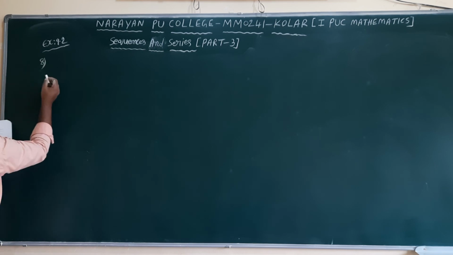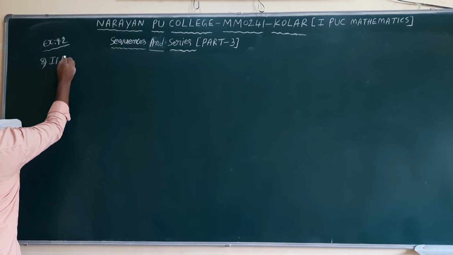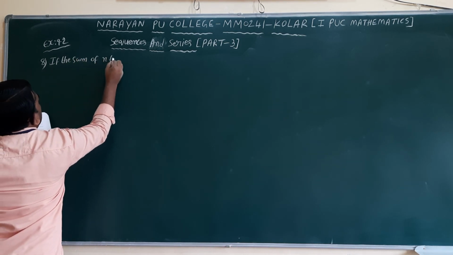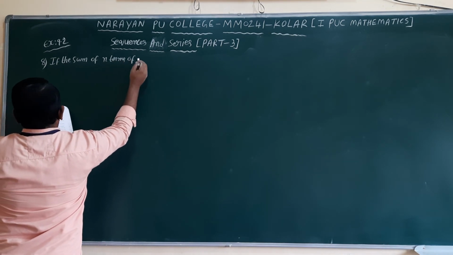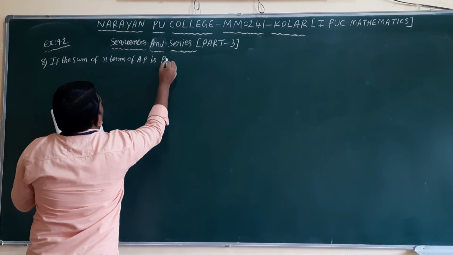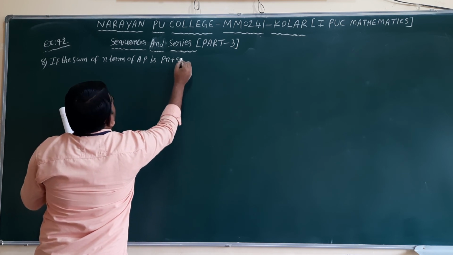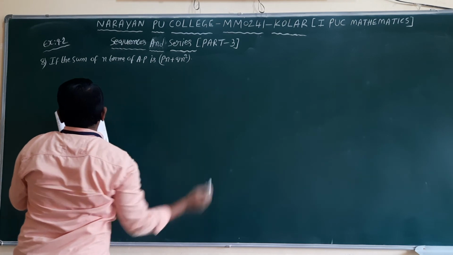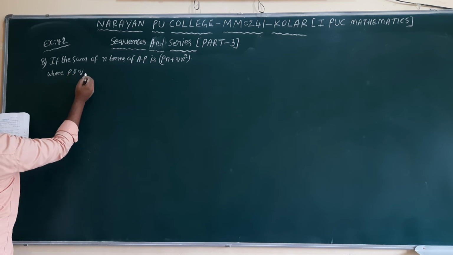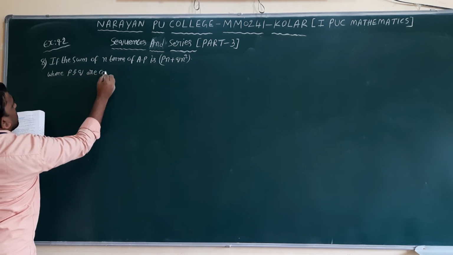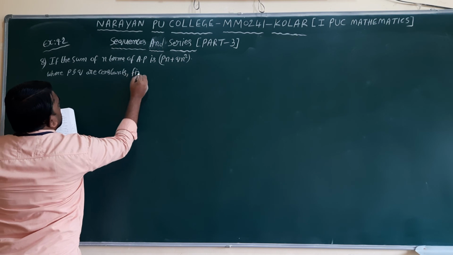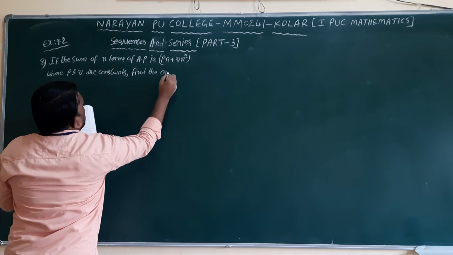So next question: if the sum of n terms of an AP is Pn plus Qn square, where P and Q are constants, find the common difference.